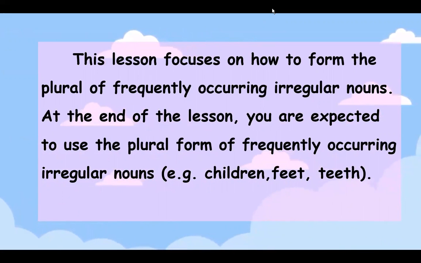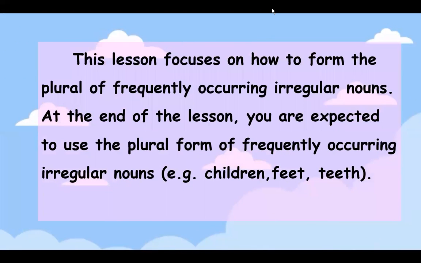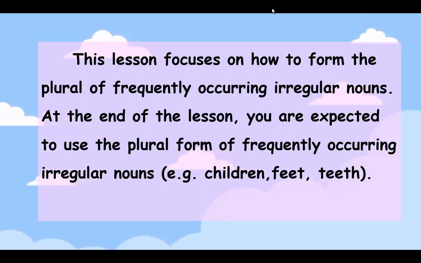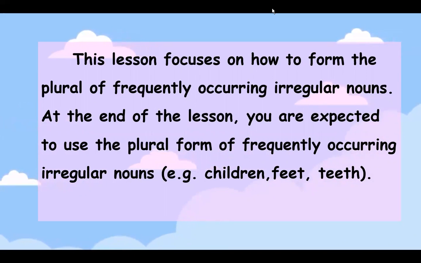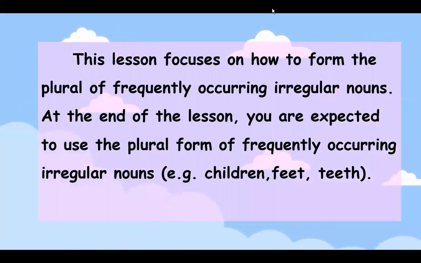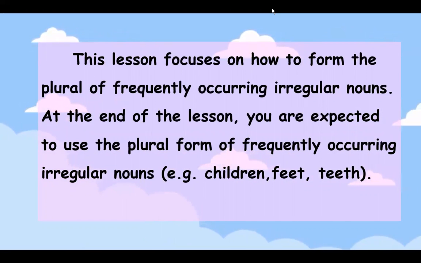Irregular nouns are those nouns that form their plural nouns by changing spelling or not even changing at all. What it means is the regular plural form becomes plural if we add es or s.